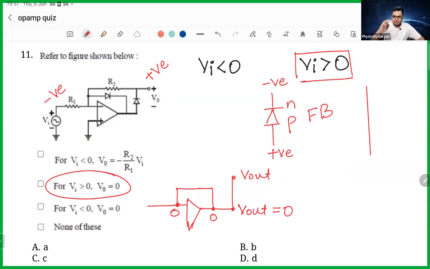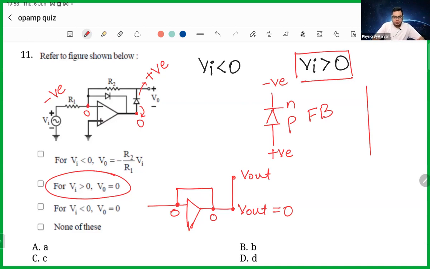If this is positive and this is by default zero, in this case both the diodes are reverse biased, because the N side is connected to positive and the P side is connected to zero. So basically this is reverse biased.